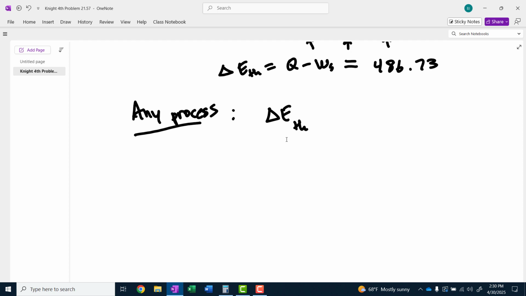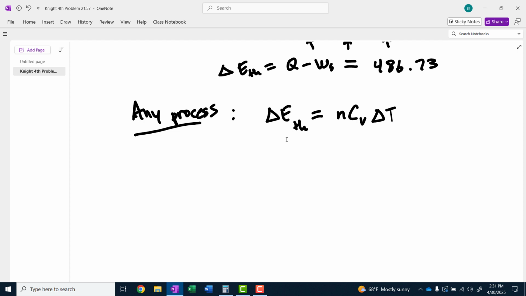The change in thermal energy is always nC_V delta T. Hopefully you saw this in your book. You can always use this even if the volume wasn't actually constant during the process. Now, in this case, the volume is constant, so of course it makes sense to use it.